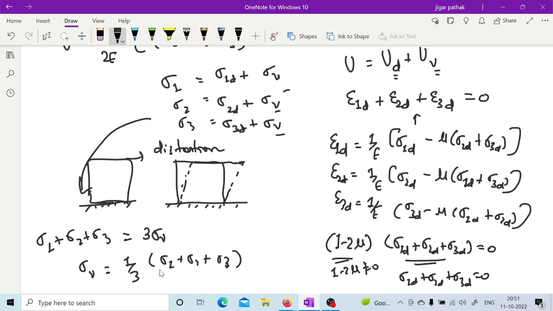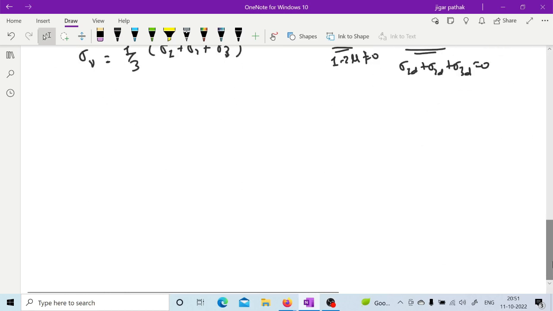Once you have these values, if you go for uv, then uv is 3 times sigma v ev by 2.